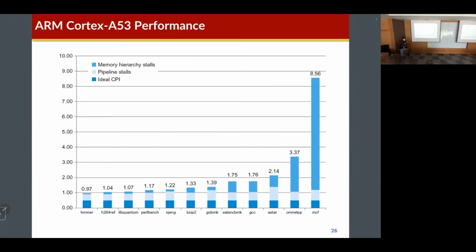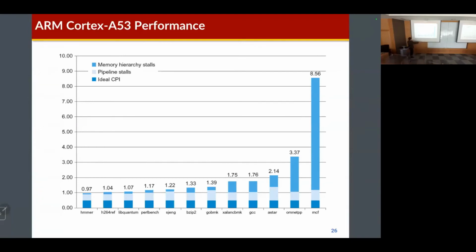So this processor consumes 0.5 cycles per instruction. But if we see the real performance by benchmarks, the real performance is about 18 times slower than the ideal performance, right?